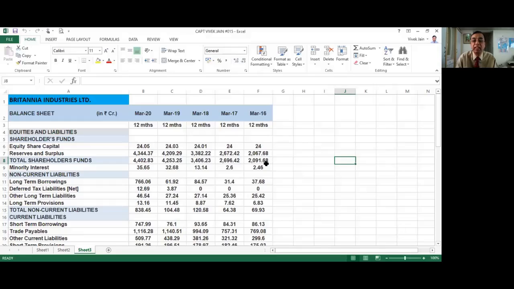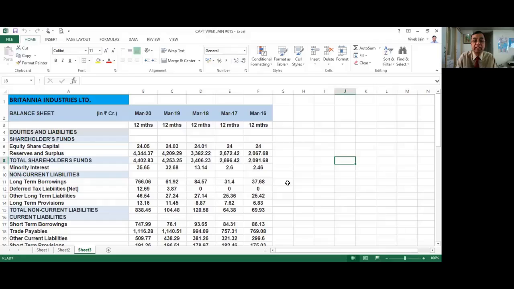From 2091, it has become 4,400 crores. In 4 years, it has more than doubled actually. This would mean 18% per annum compounded. Roughly 18% per annum compounded has been the increment in shareholders fund. It's a very remarkable growth, my friends.